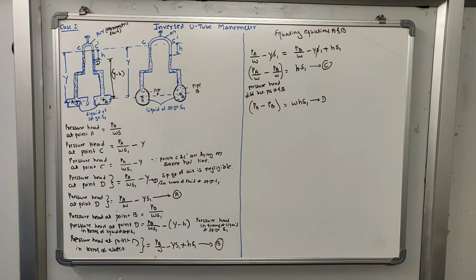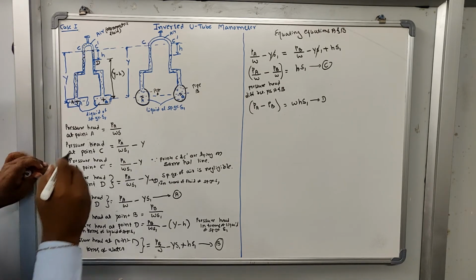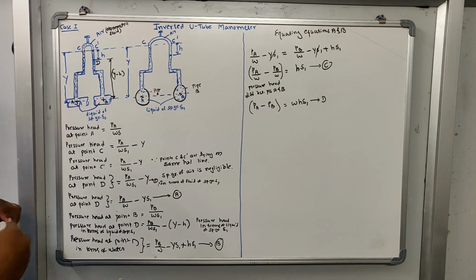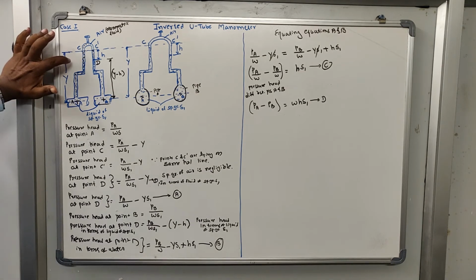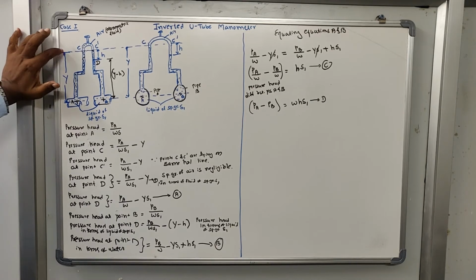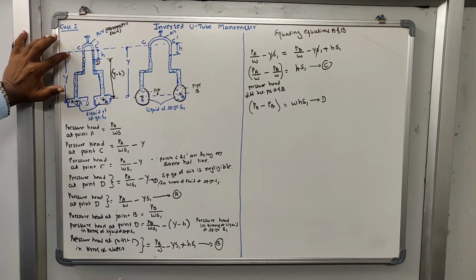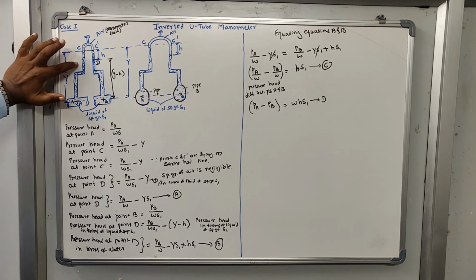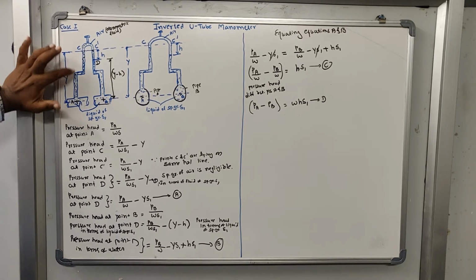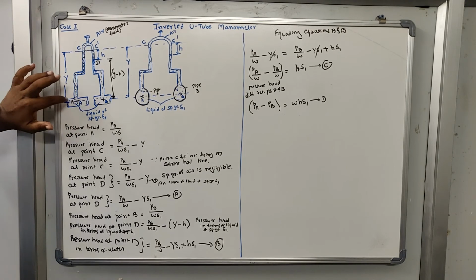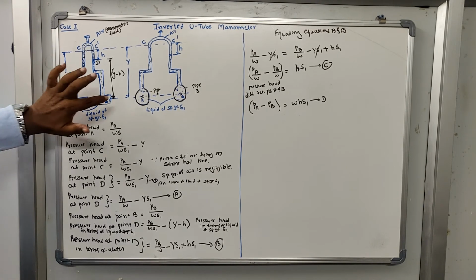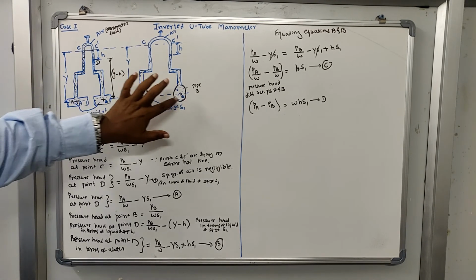Okay, next case, this is the case 1. These manometers are the measuring devices. Whenever you are coming to the institute, we will take you to the fluid mechanics lab and show you these manometers and how to connect both ends of the manometers at points A and B of two pipes.